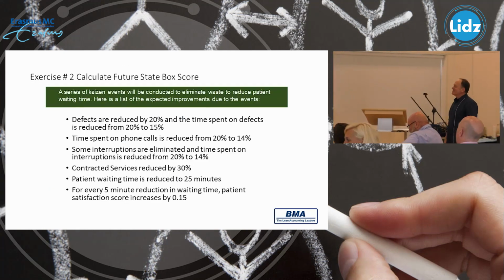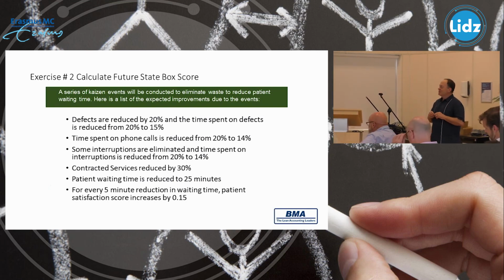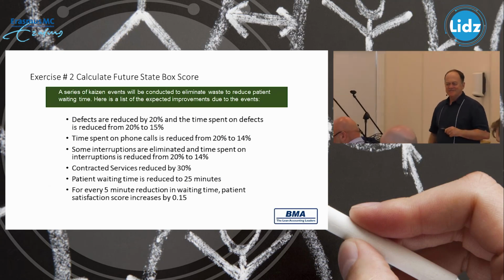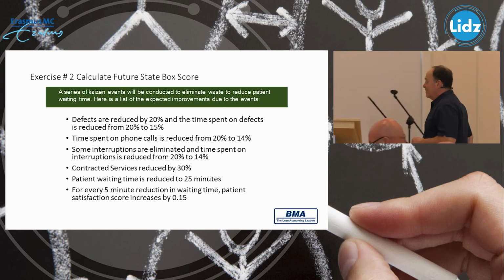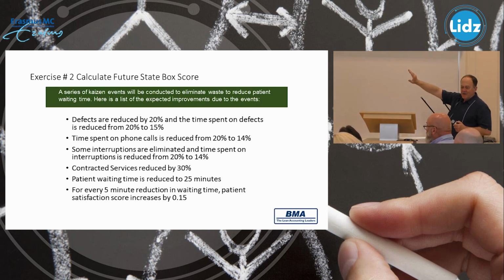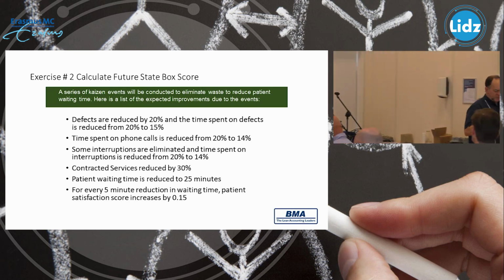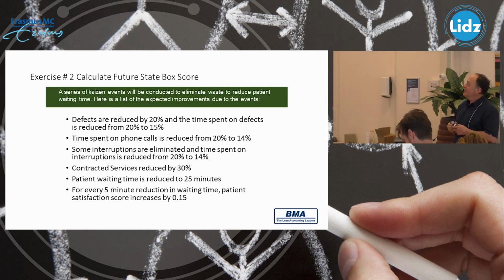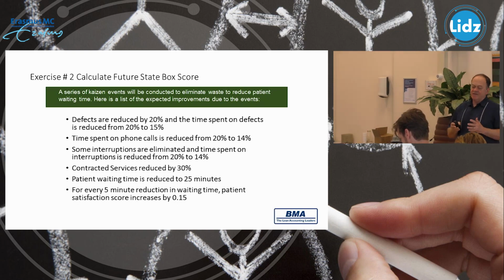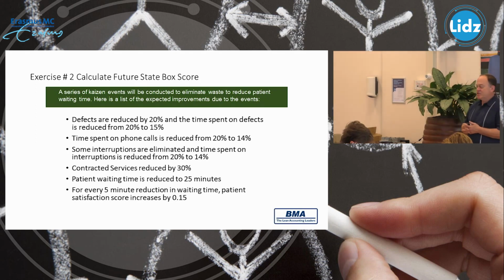All right, next. Here's exercise number 2. Yeah, there are three exercises. So there's a planned series of improvement events to eliminate waste because they want to reduce the patient waiting time. Here's what we expect to achieve.